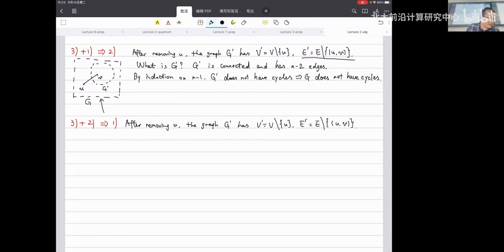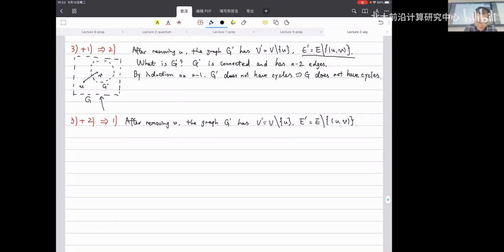But the argument is slightly different. So here we argue that G prime does not contain cycles.